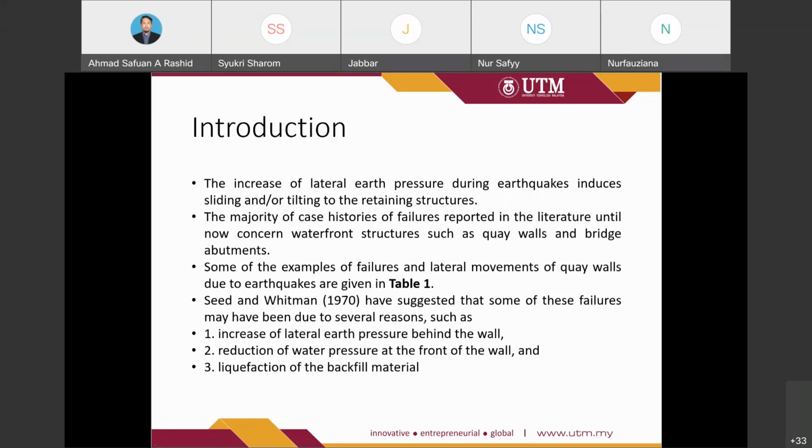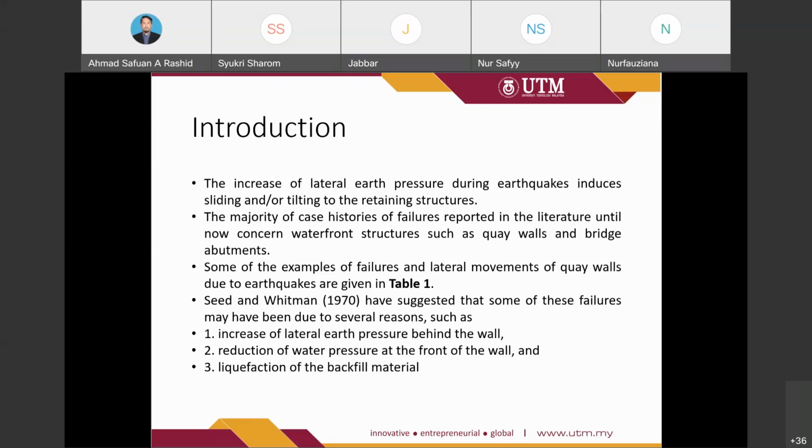So the increase of lateral earth pressure during an earthquake induces sliding or tilting to the retaining structure. The majority of case histories of failure reported in the literature concern waterfront structures such as quay walls and bridge abutments.